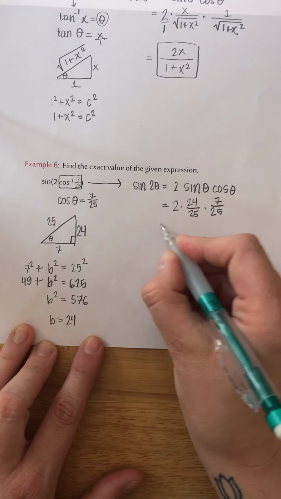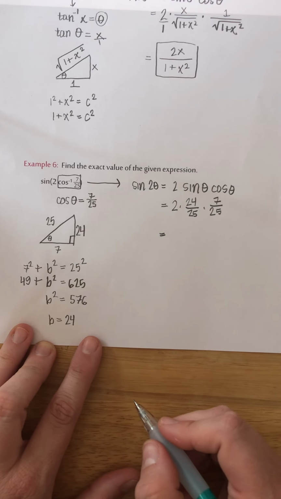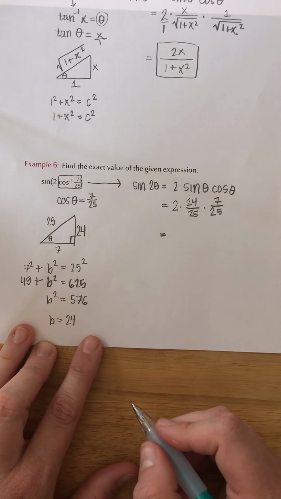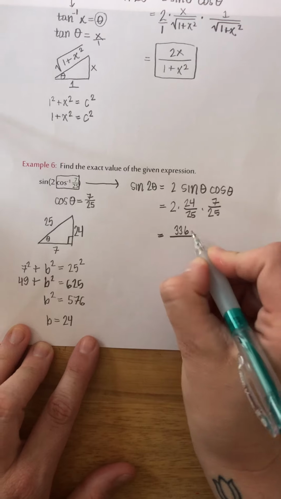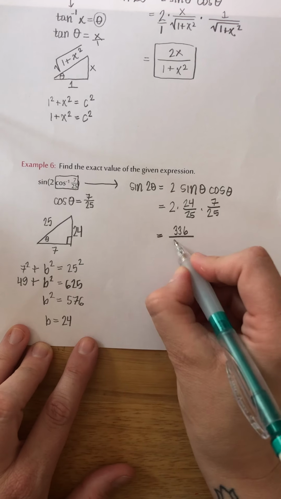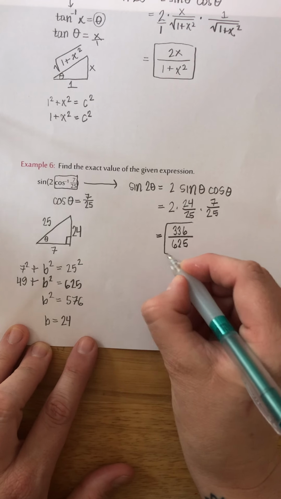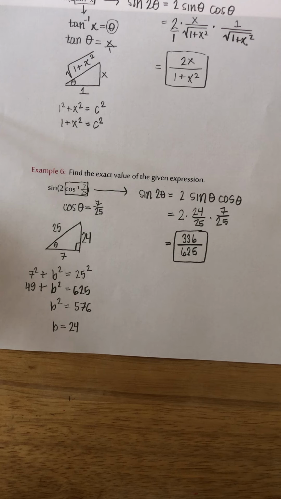So we're going to multiply straight across. 2 times 24 is 48, and 48 times 7, I believe, is 336. And then in the denominator, 25 times 25, that's easy, that's 625, and that does not reduce, and that is the final answer.